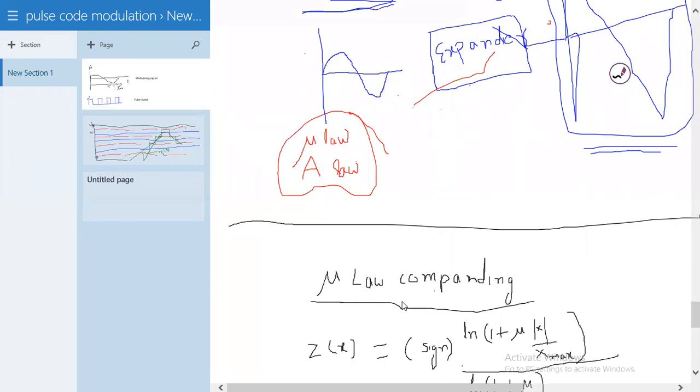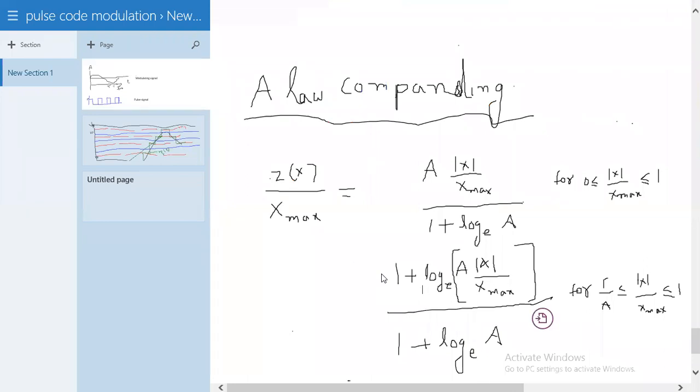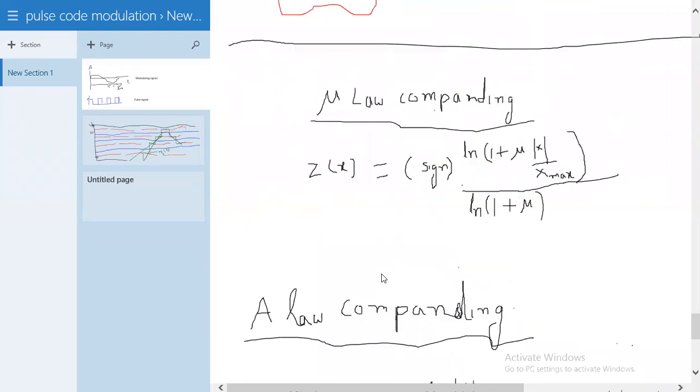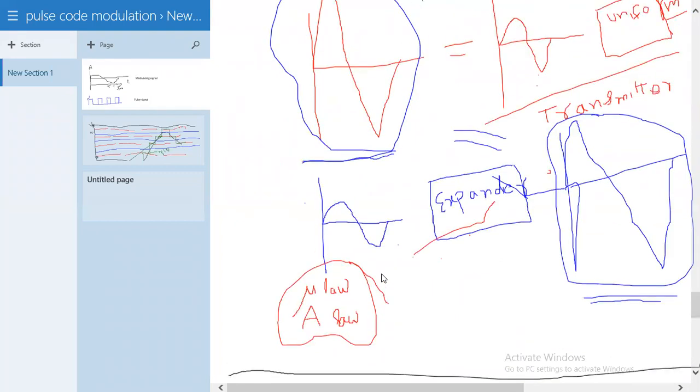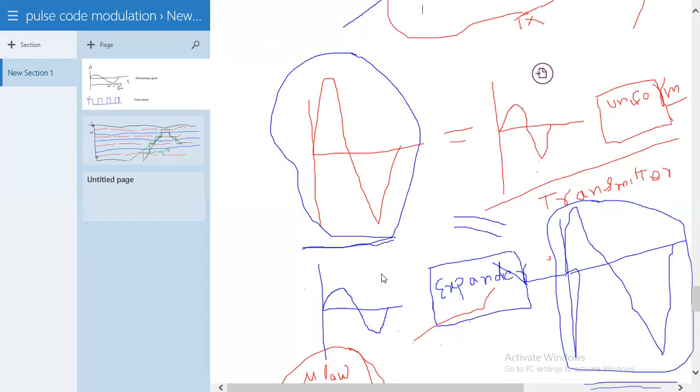So last class we discussed compounding. One characteristic of compounding is this: if the signal is a very large, huge signal, we compress it. And at the compressor, if the amplitude is very small, that means we generate a very weak signal, then we can amplify that signal up to a level, and then we can apply uniform quantization.